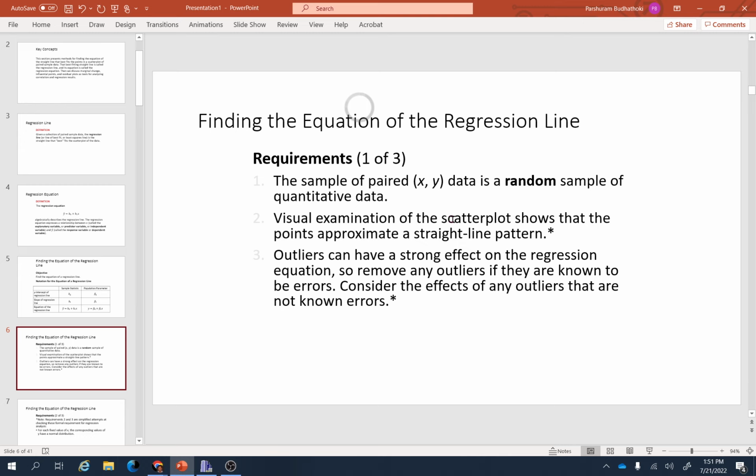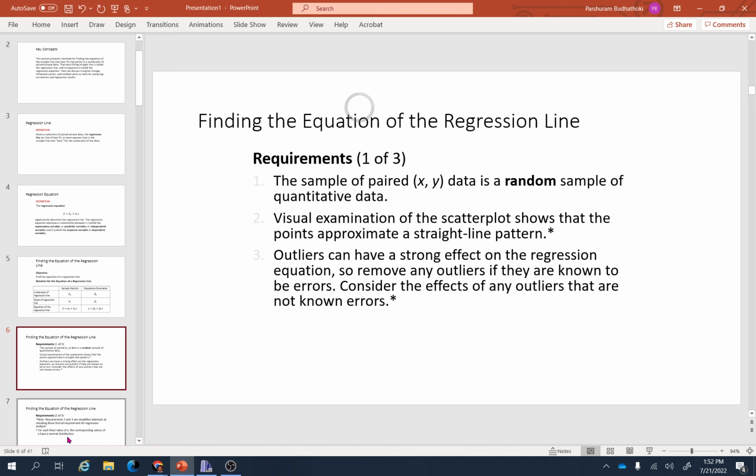Visual examination of the scatter plot shows that the points approximate a straight line pattern. If that is not a straight line, that means we cannot use the regression line. Outliers can have a strong effect on the regression equation, so remove any outlier if they are known to be errors.